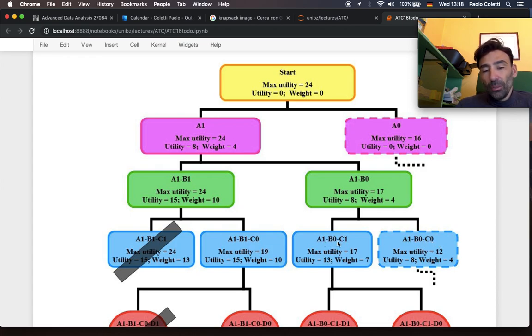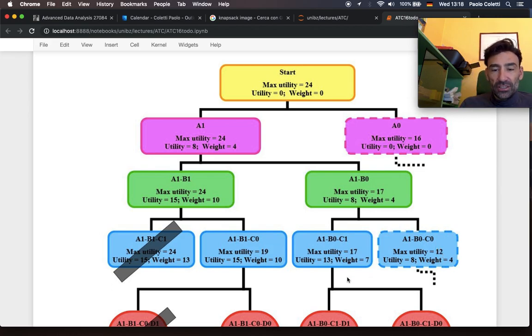Food, no blanket, water: potential utility remains the same, the utility increases, and the weight also increases, you have added the water. Food, no blanket, no water: utility and size stay the same, and the potential utility decreases because you have decided to leave away forever the water.